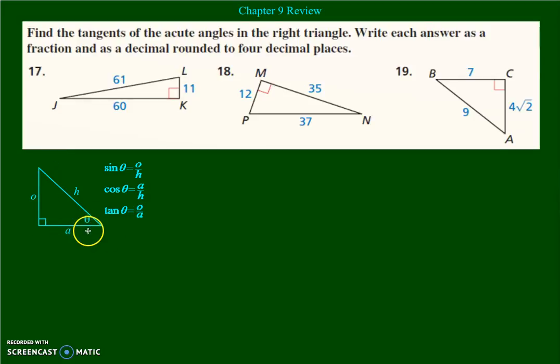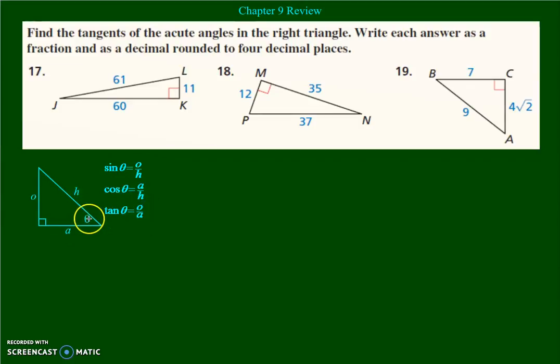In any right triangle with a given angle, we pick this angle just for reference. The side opposite is labeled O, the side adjacent to the angle is labeled A, and the hypotenuse is always H. The sine function gives us the ratio of the opposite over the hypotenuse. Cosine is adjacent over the hypotenuse.